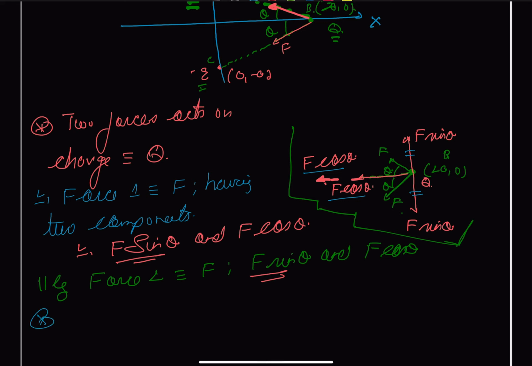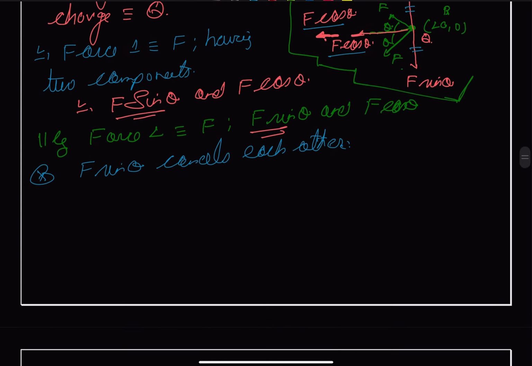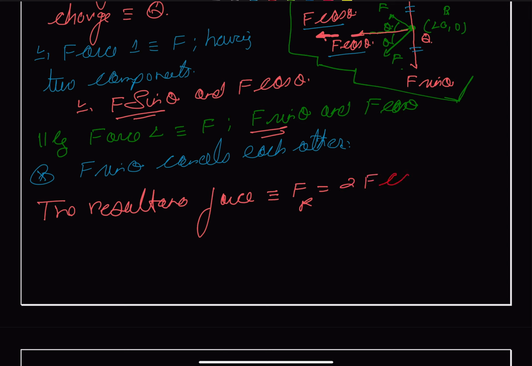So we can say F sine of theta cancels each other. Therefore, you can say the resultant force, let us call that Fr, will be equal to twice F cos of theta.